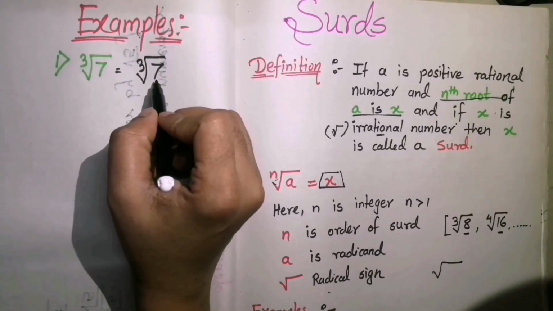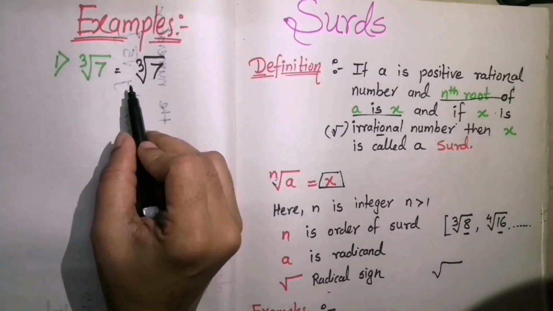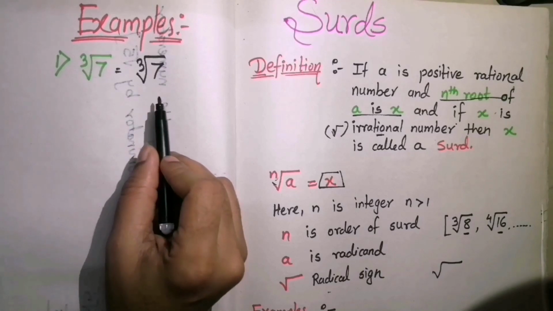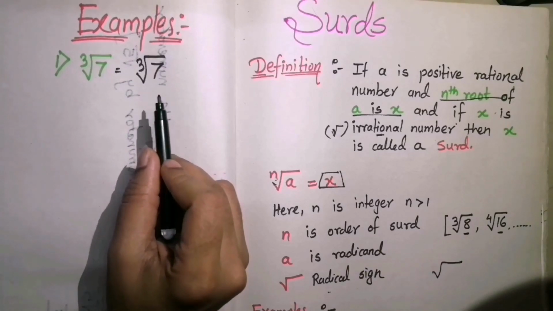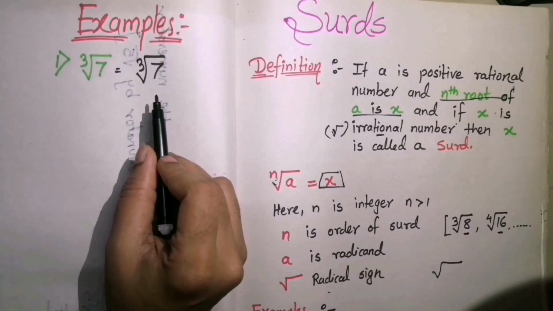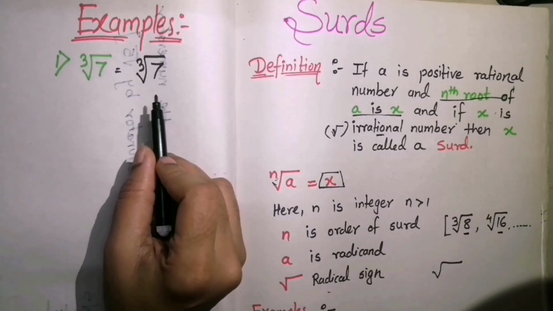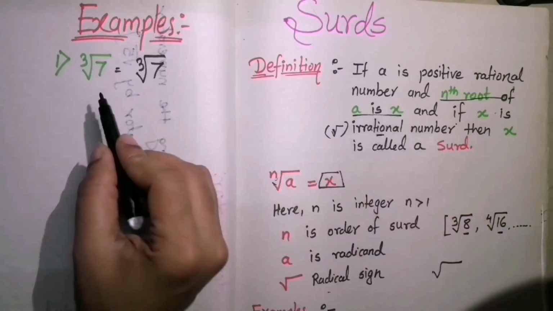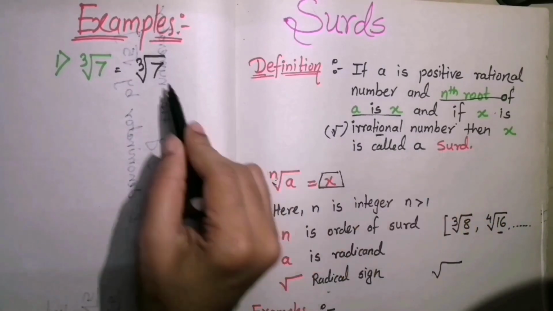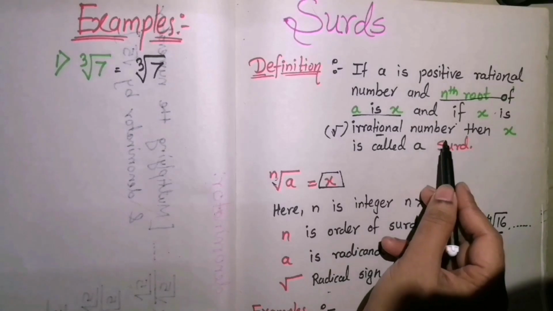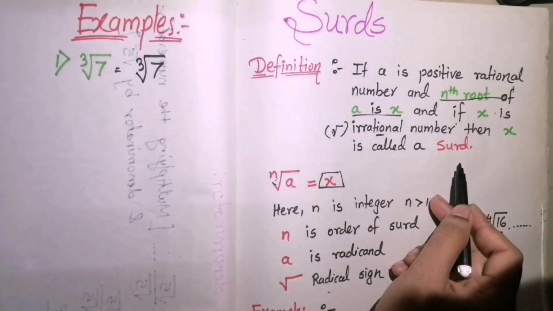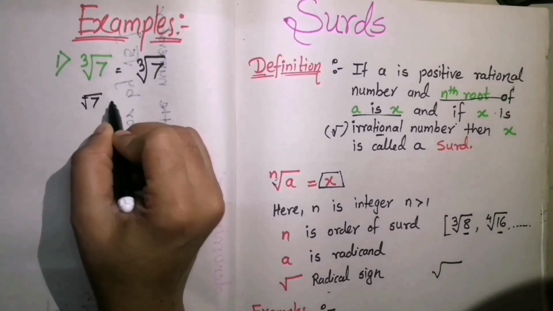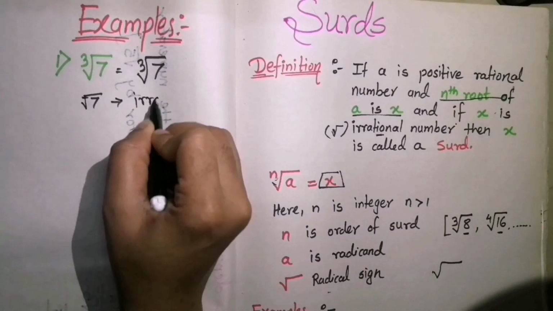We know that. We studied in the previous lecture: root 2, root 3, root 5, root 7, all are irrational numbers. So every irrational number is a surd. Look here, if x is an irrational number, then x is called a surd. Clear? So root 7 is an irrational number.